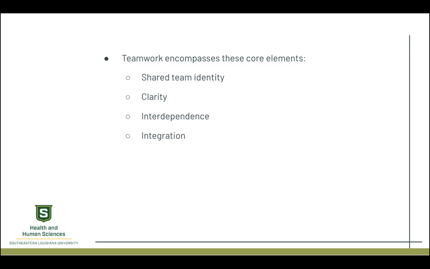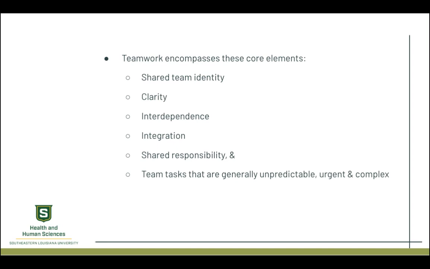And then there is integration. All their work is integrated and trying to reach a joint goal that they are all working towards as a team. And then there are shared responsibilities. Even though team tasks are unpredictable and urgent, the team has come up with a way such that even if things suddenly happen and they have to do things differently from predicted, it doesn't have the team all falling apart, because they have made plans for this unpredictability and for urgency and for complexity coming into their work.